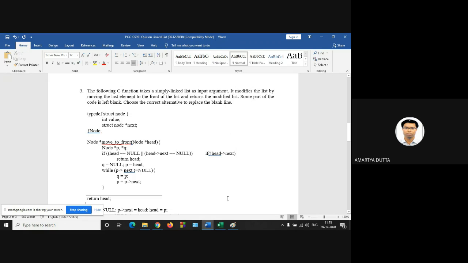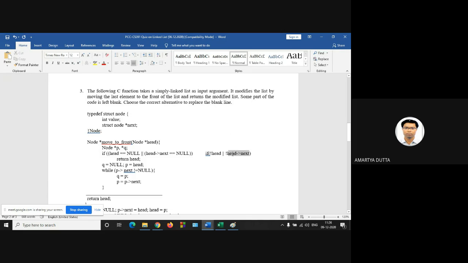These notations can be written in this form also. So this particular line can be written as: if not head or not head next.